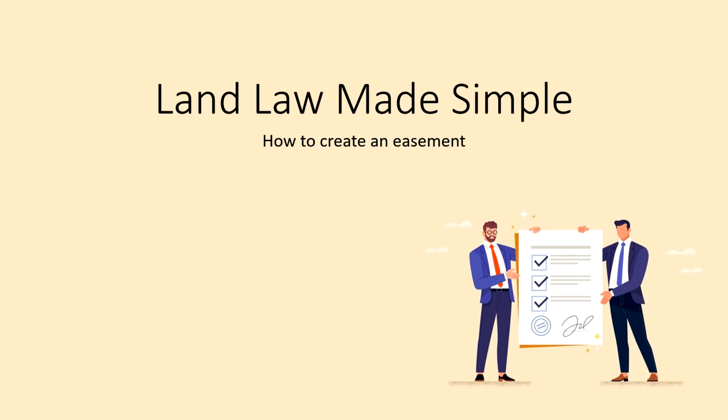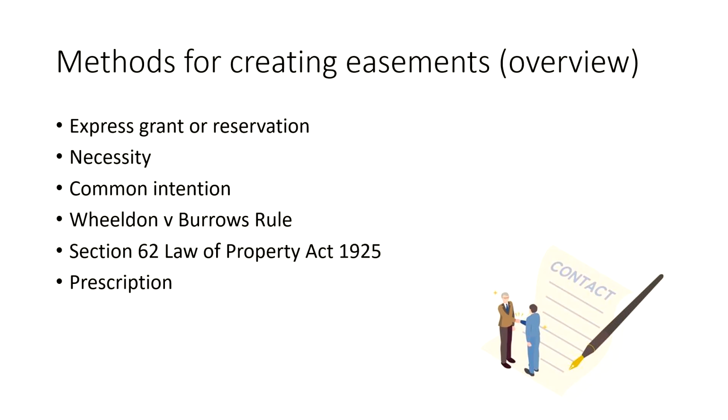In this lesson, I will focus on different methods of how to create an easement. So let's get started. As you can see here, there are 6 methods for creating an easement. Some of them are a bit easier, some are complicated, but it is good to know all of them.